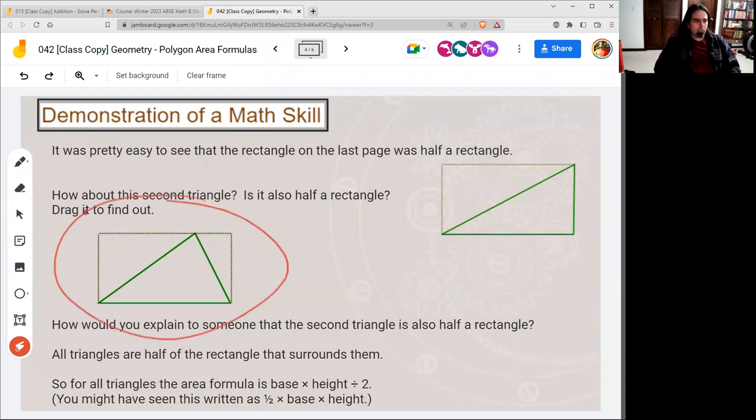What about this triangle? How can you show that it is half of the rectangle that surrounds it? If you grab parts of it, you'll see they slide around. Do some sliding and convince yourself that it's half of the rectangle.